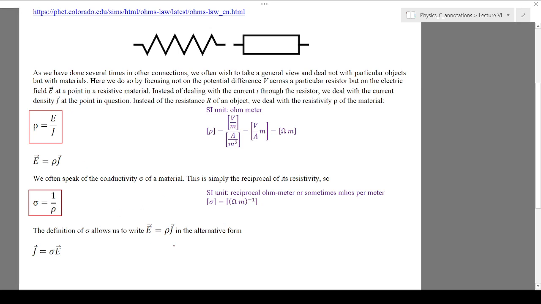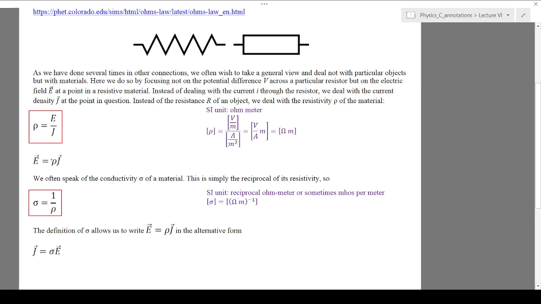Also, guys, since we know this definition for the resistivity, sometimes you are going to see that some people represent the relationship between the electric field, resistivity and current density differently.